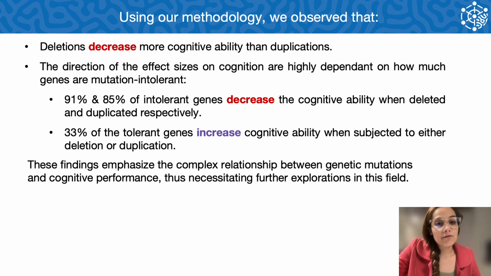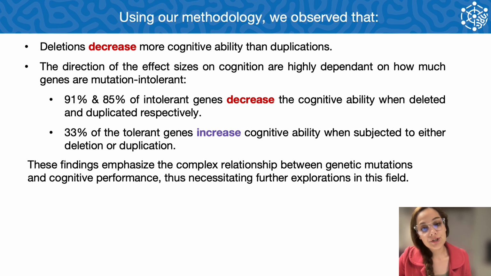The direction of the effect sizes on cognition is highly dependent on how mutation intolerant the genes are. We also observed that 90% and 85% of intolerant genes decrease cognitive ability when deleted and duplicated, respectively.